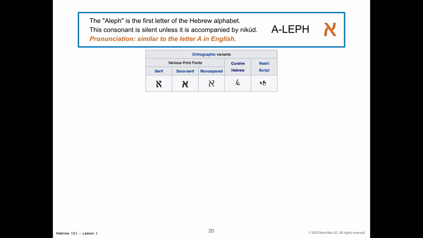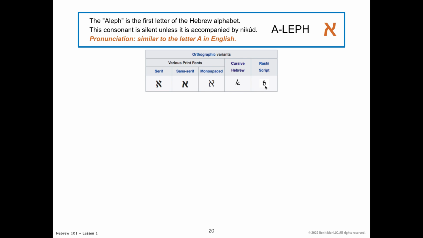And this is in Rashi script. Rashi is probably the most famous rabbi that interpreted the Bible in the history of Judaism. Very famous, very highly revered. He lived in the 11th century, and he invented his own way of writing the letters.